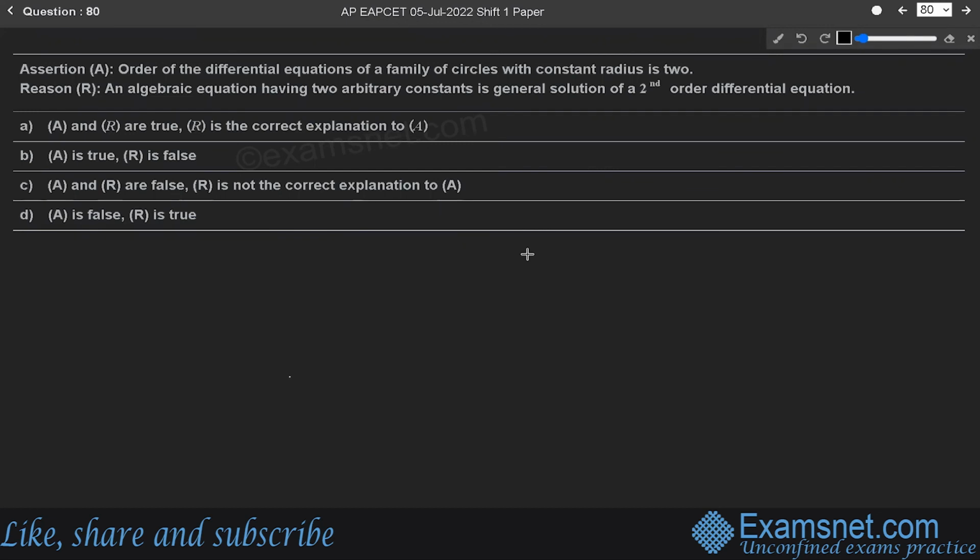And according to this assertion, the reason is that any algebraic equation which consists of two different arbitrary constants, then the general solution is always of second order. So we can say that for this particular question, both the assertion and the reason are true, and the reason is the correct explanation of the assertion. So option number A is the correct answer for this question.